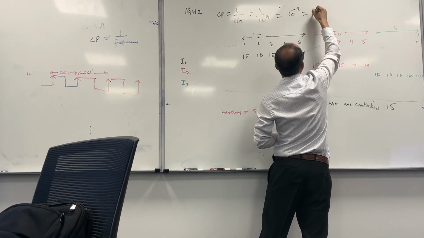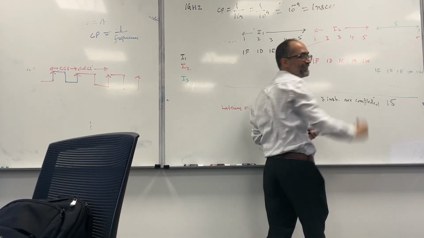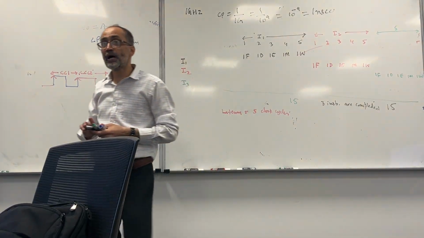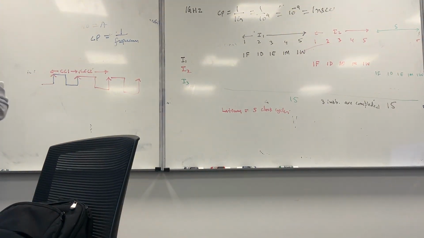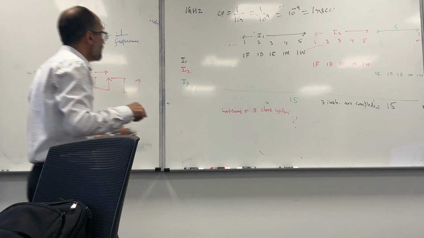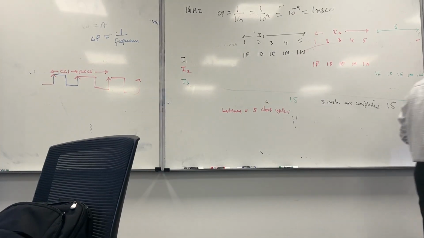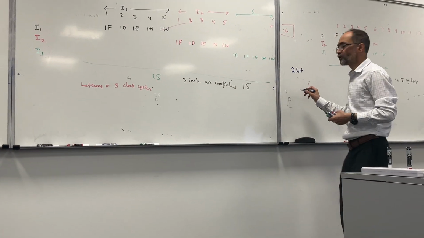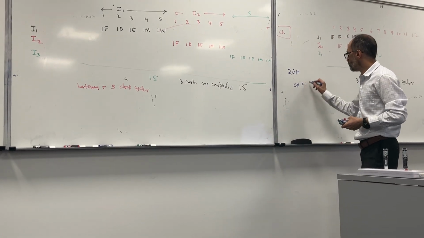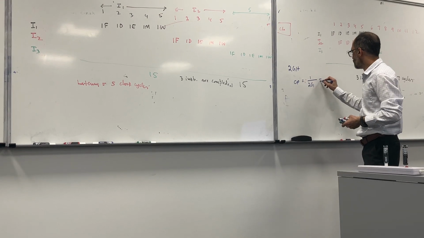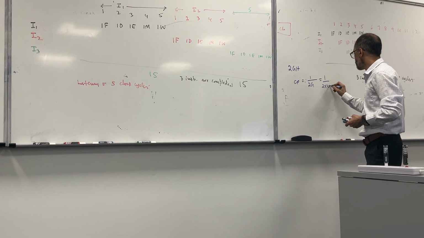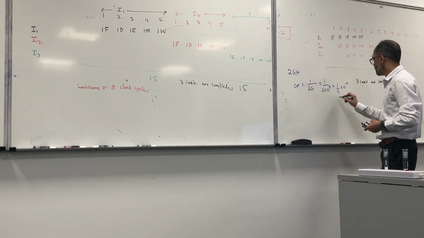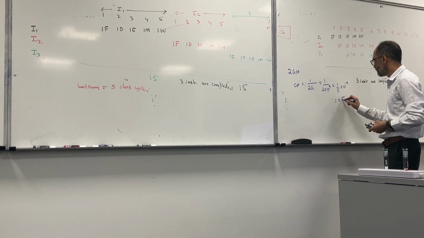So it will be 1 nanosecond. Clear? So the clock period is inversely proportional to the frequency. Let's assume the frequency is 2 gigahertz. What will be the clock period? 1 divided by 2 multiplied by 10 to the power 9, which is 1 divided by 2 multiplied by 10 to the power minus 9, which is equal to 0.5 nanoseconds.